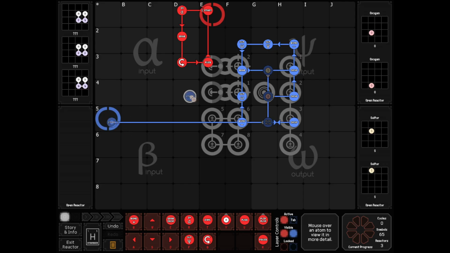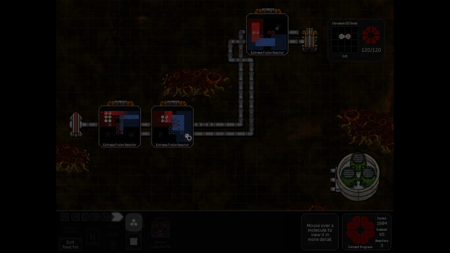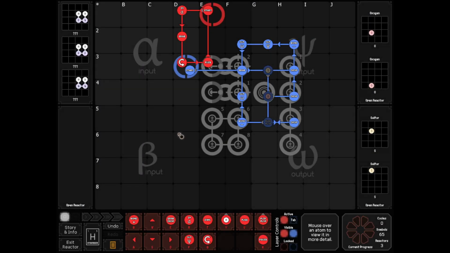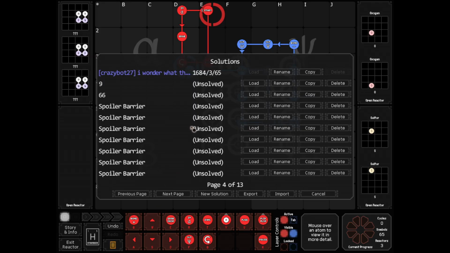Okay, so yeah, this seems to be the best, 1684, saving 2 cycles by moving this one space to the left. And you could also prime this flip-flop here and save one more symbol, but let's not do that right now.